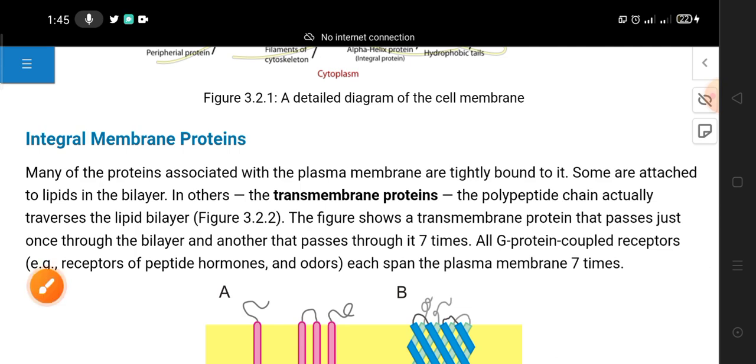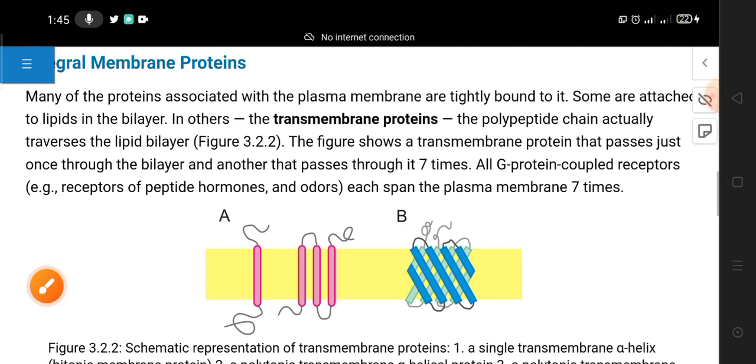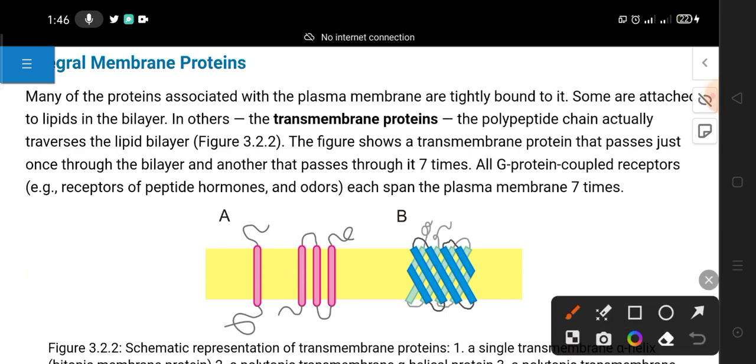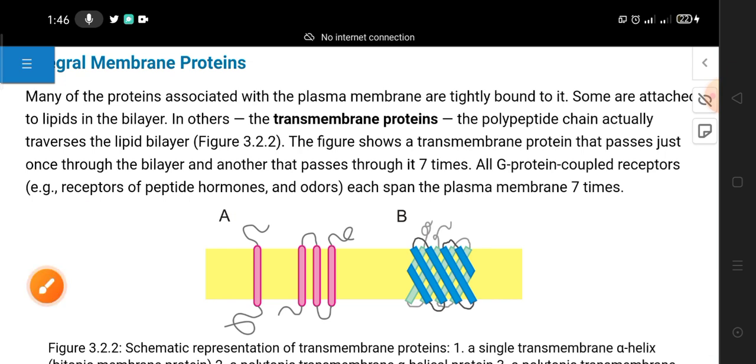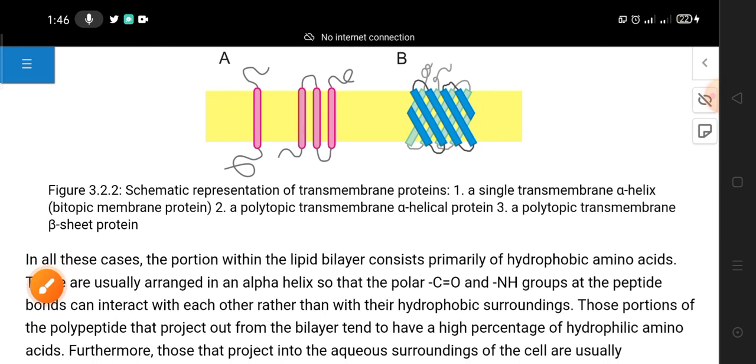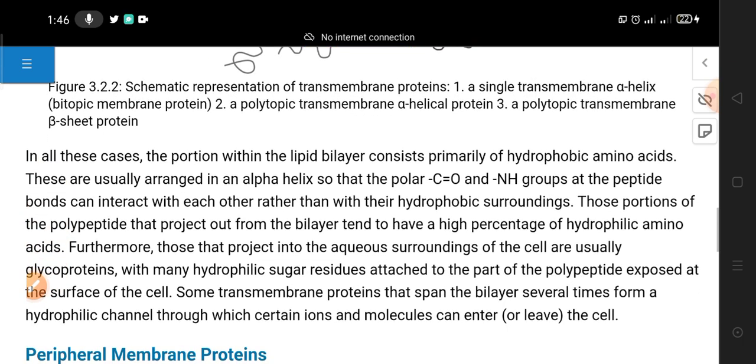All G protein coupled receptors, for example receptors of peptide hormones and odors, each span the plasma membrane 7 times. In all these cases, the portion within the lipid bilayer consists primarily of hydrophobic amino acids.